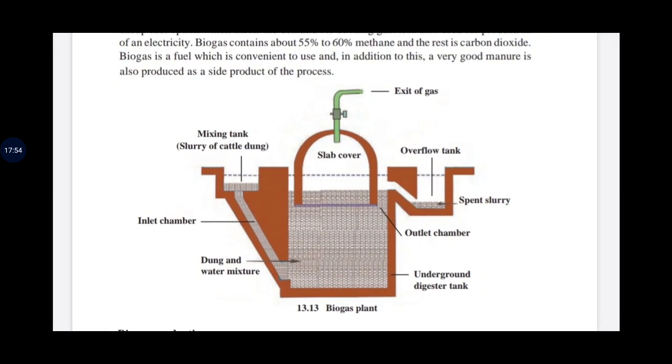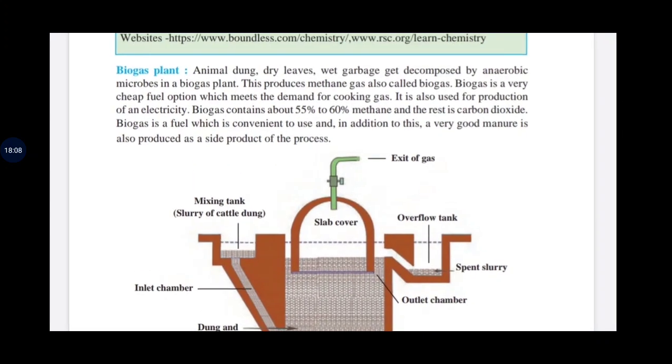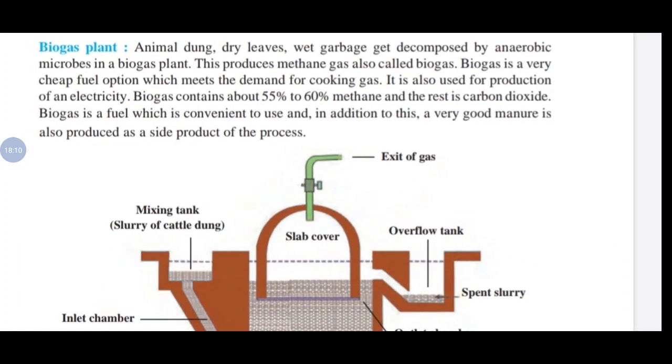The diagram is given in the exam and some labels are not given, marked ABCD, so you must write the label at the place of ABCD. So study this last point of this lesson properly.